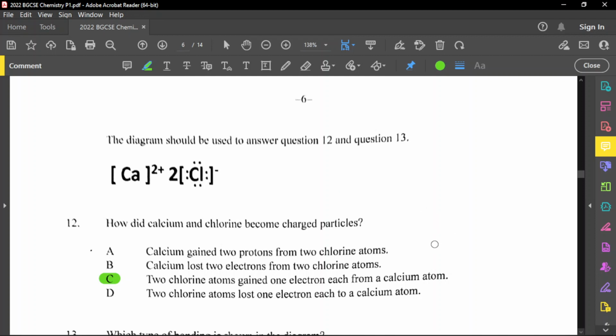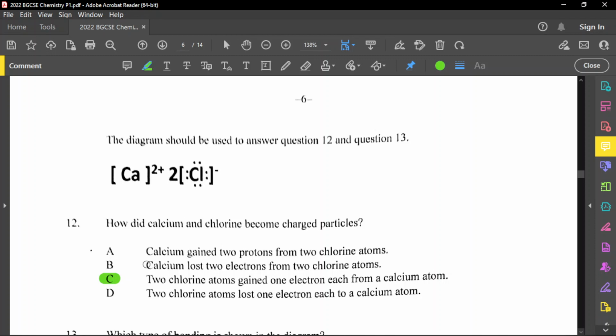All right, so question number 12 reads: how did calcium and chlorine become charged particles? Again, remember that calcium is from group 2, so it loses 2 electrons to become 2 positive, right? When you lose electrons, you become positive. And of course, chlorine will gain an electron and become negative. But we have 2 chlorine, so something must be considered here.